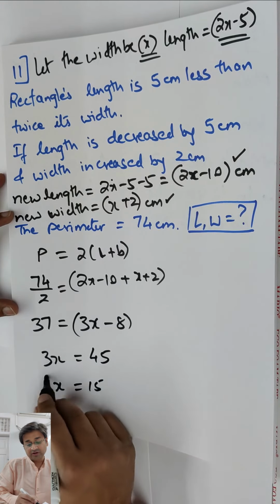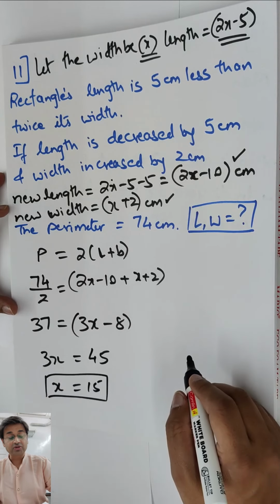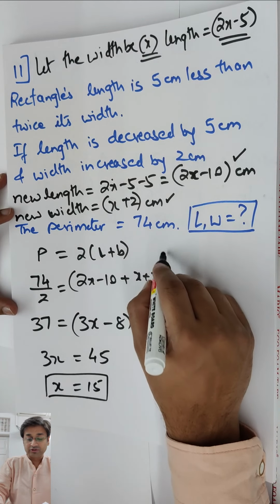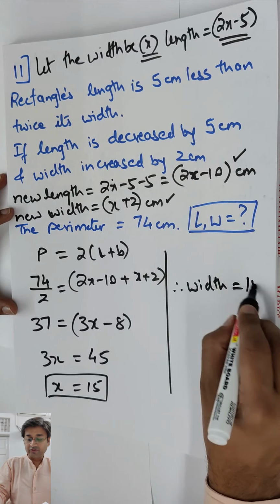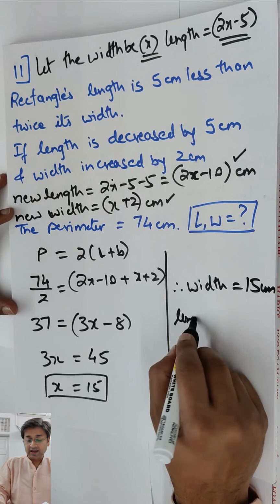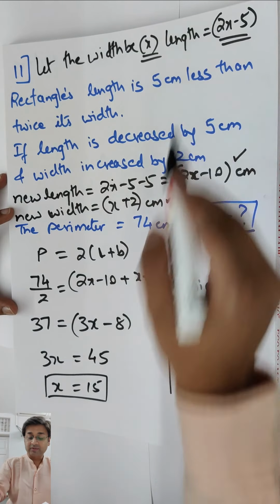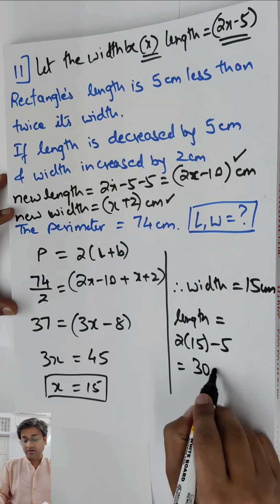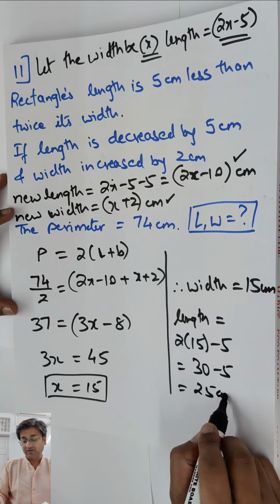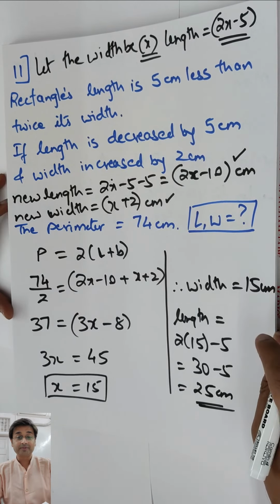So x should be 15. So I managed to get the width. You have to find both. So you will say therefore width is equal to 15 centimeters and length is 2x minus 5. So 2 into 15 minus 5, that will be 30 minus 5. So 25 centimeters. Got it?